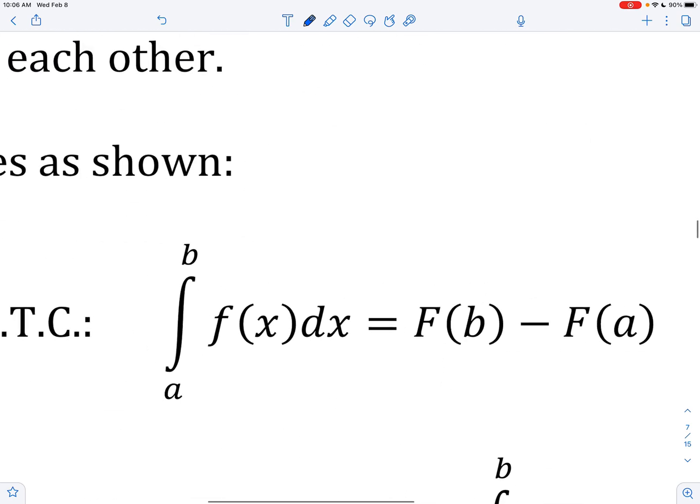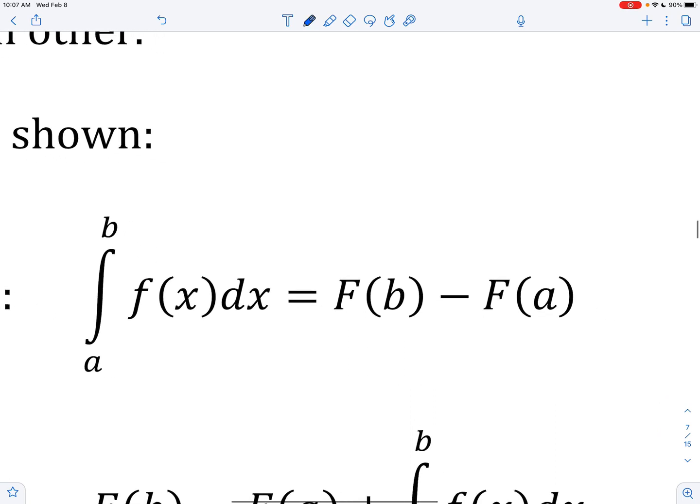As long as this function here is integrable over this interval, which is the opposite direction of being differentiable over that interval, so you have that kind of continuity and a bit of smoothness to it, essentially, then if you want to find that definite integral, you take the antiderivative from the lower bound to higher bound like that. And that's what this theorem says.